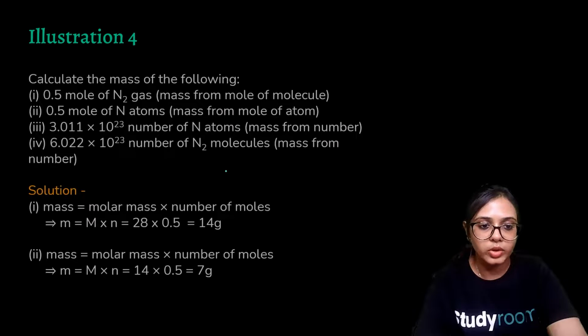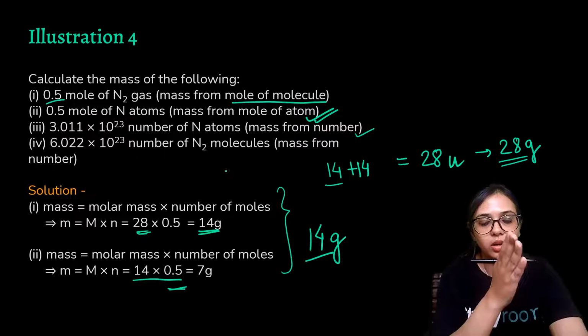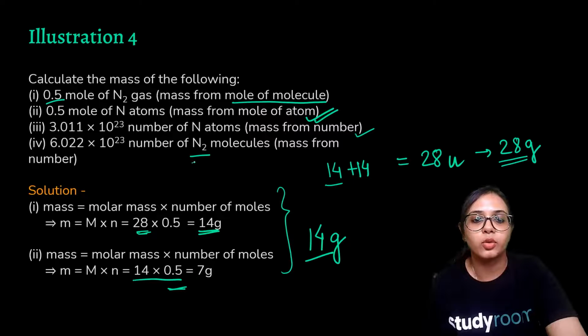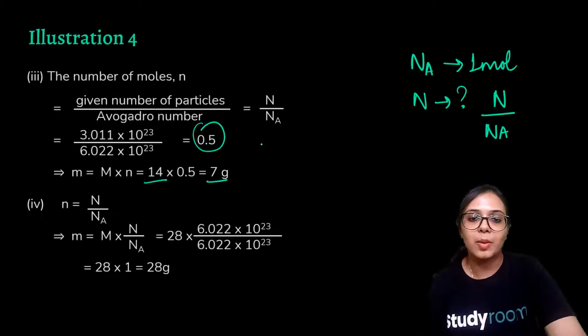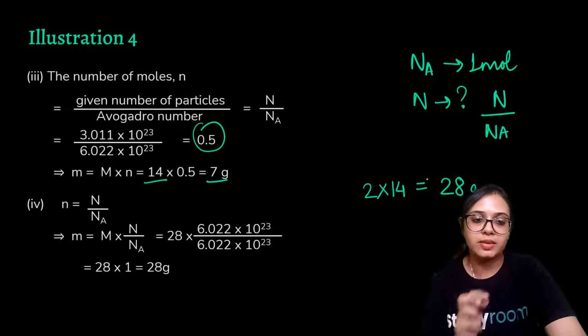In the last question, there is the amount of 1 mole, 6.022 into 10 to the power 23 is 1 mole of nitrogen molecules. So we have taken mass from number from the molecular level. Okay, so over here the gram atomic mass unit would be again 28. Why 28? Because we would be taking 2 atoms of nitrogen into consideration.